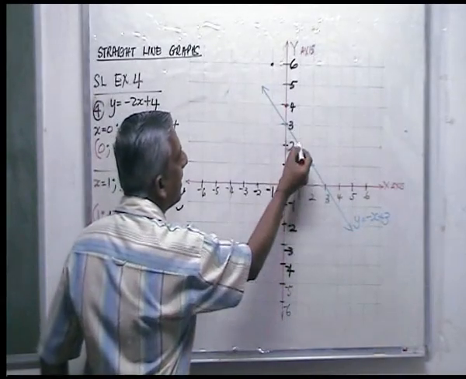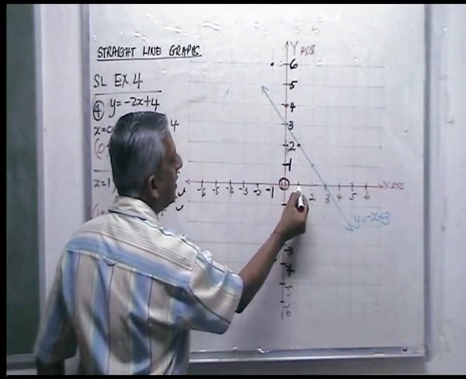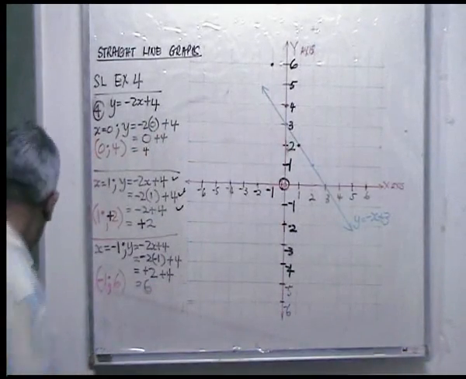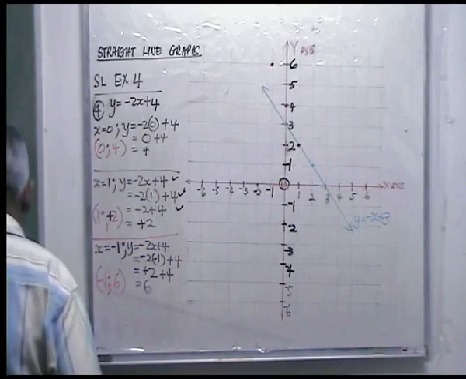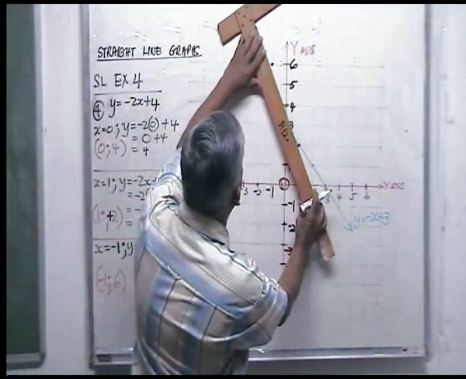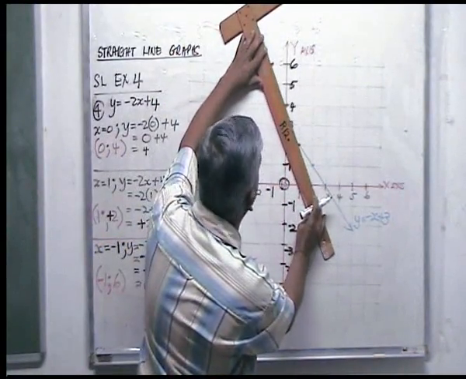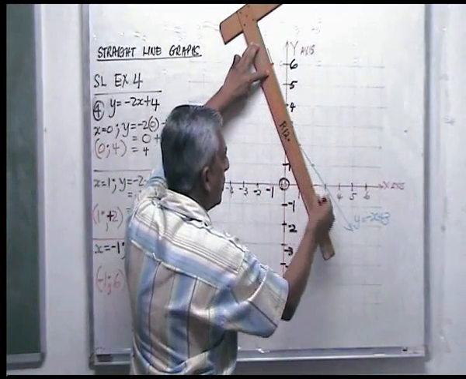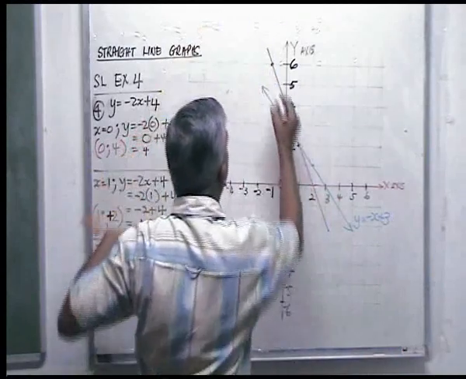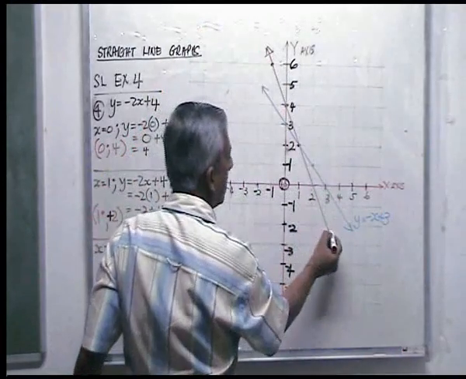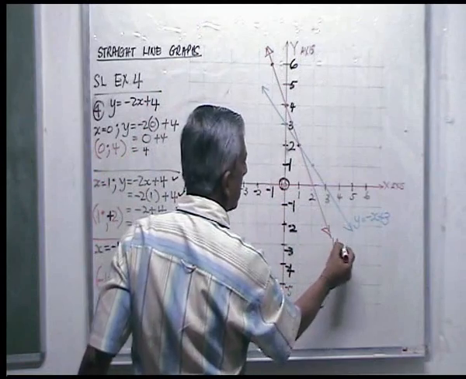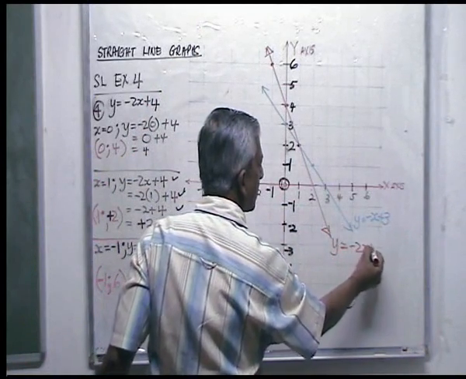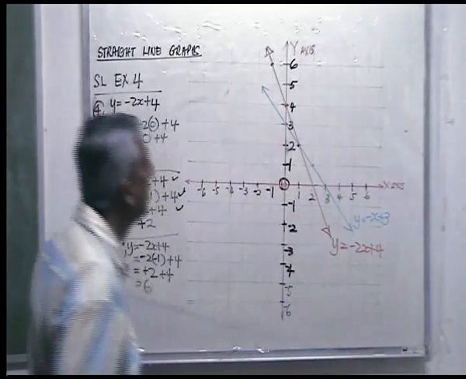So now you take your ruler, put it there. It should give you a straight line, and it does. And you know it's right, and you draw it. You're very happy you got your straight line, and that's y is equal to minus 2x plus 4.